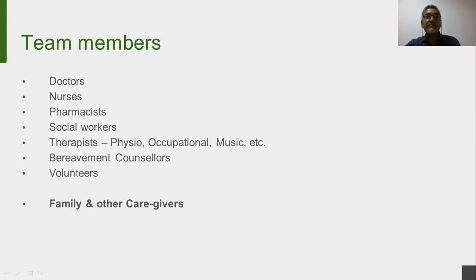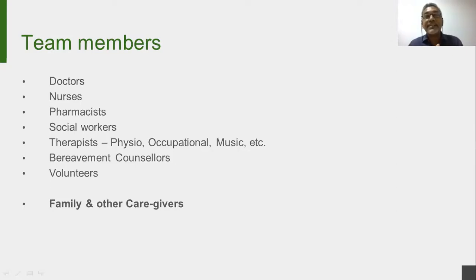Now, this is something which we often forget, because whether we like it or not, with all the healthcare infrastructure in the country, if you and me have a fever or another healthcare problem, the first and the foremost person or team that is going to provide me care is actually the family.